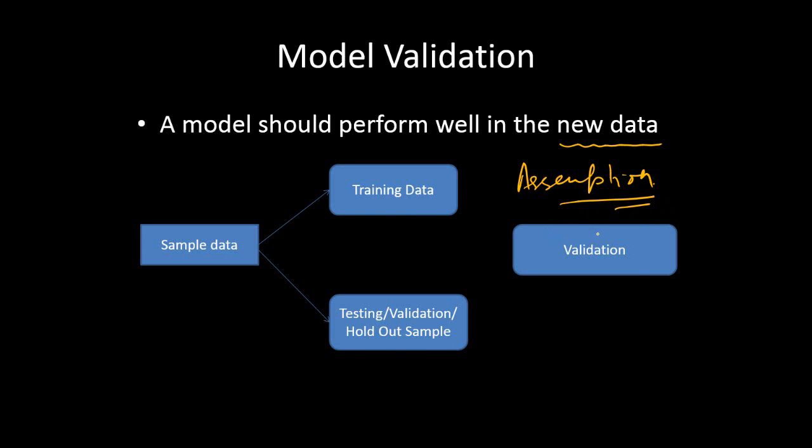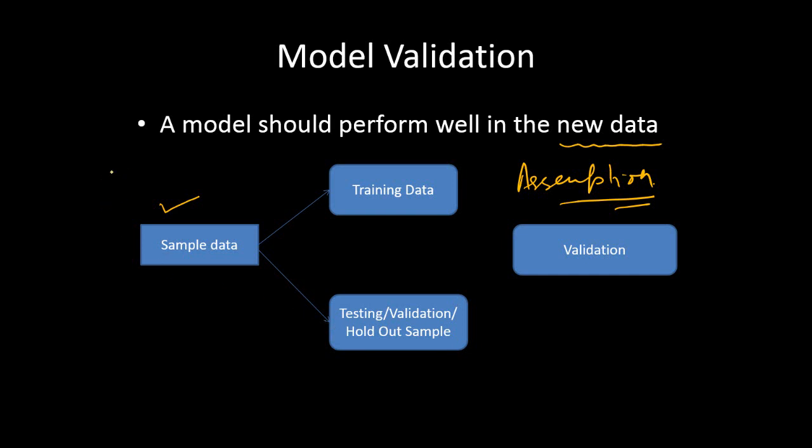Okay, so how do we ensure that we at least know that it's going to work, if not accurately, then to a large extent? What we essentially do is, when we build a model, we have the historical data with us. We create a sample from it, and we create two subsamples from the sample data.